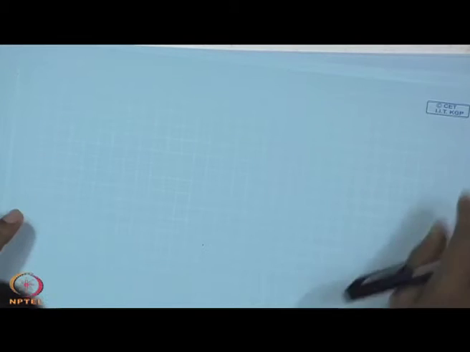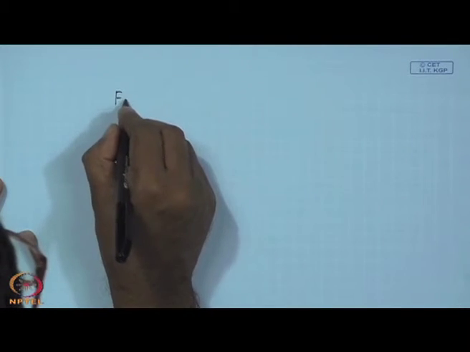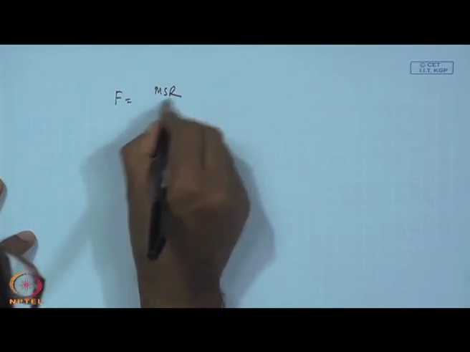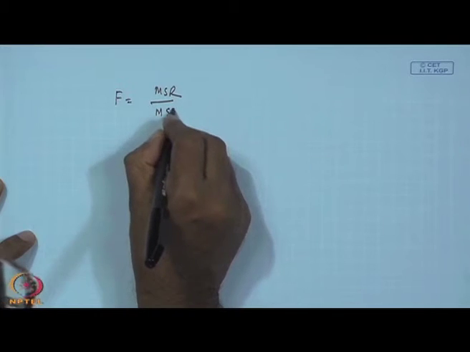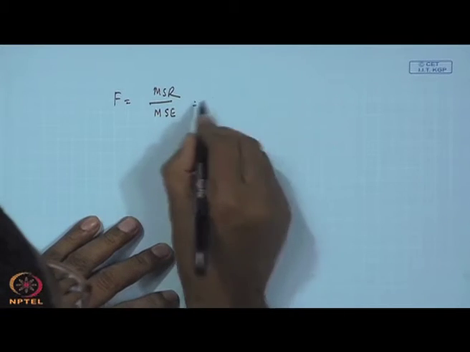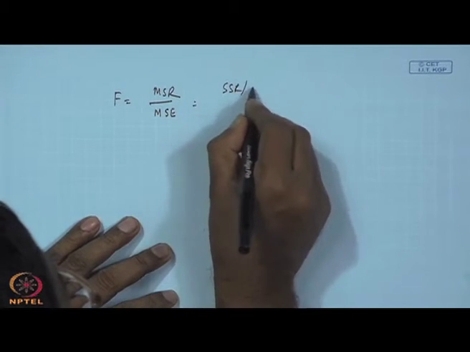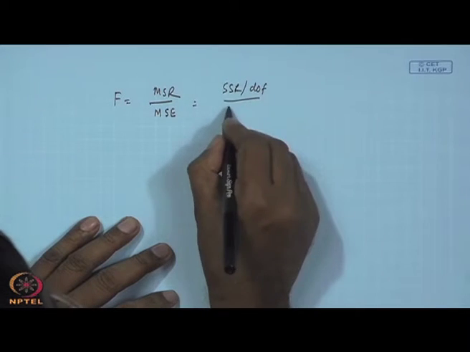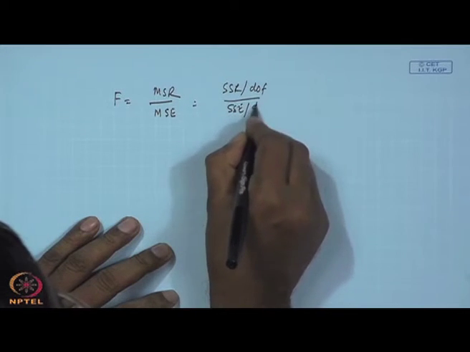Now using this concept, similarly you can use F-test statistics. In regression we have used F is MSR by MSE, that is SSR by degrees of freedom divided by SSE by degrees of freedom.